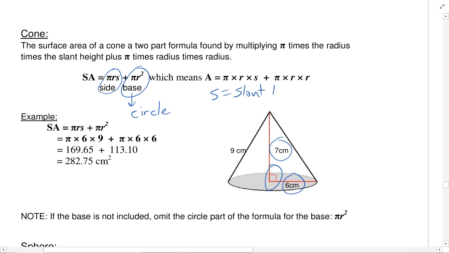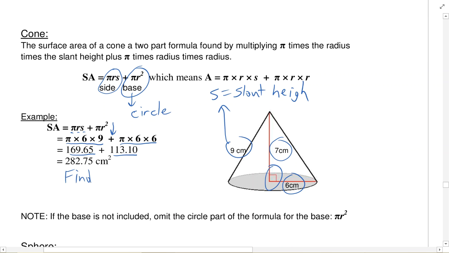So for this question, it's a little bit different. Here, 9 is your slant height. So pi times r times s becomes pi times 6 times 9, which will give you an answer. Pi times r squared, times 6 squared, will give you an answer. Notice again, the plus sign means you have to find two answers, right?